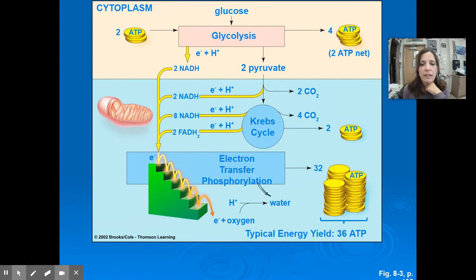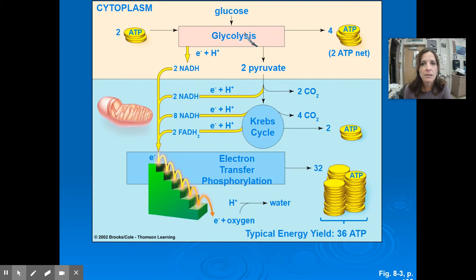This is a great picture that I would also like you to draw because one of the things you're going to need to be able to do is what I call the ins and outs. What are the reactants that go into the different processes and what are the products, or the outs, that come out, because everything is linked.